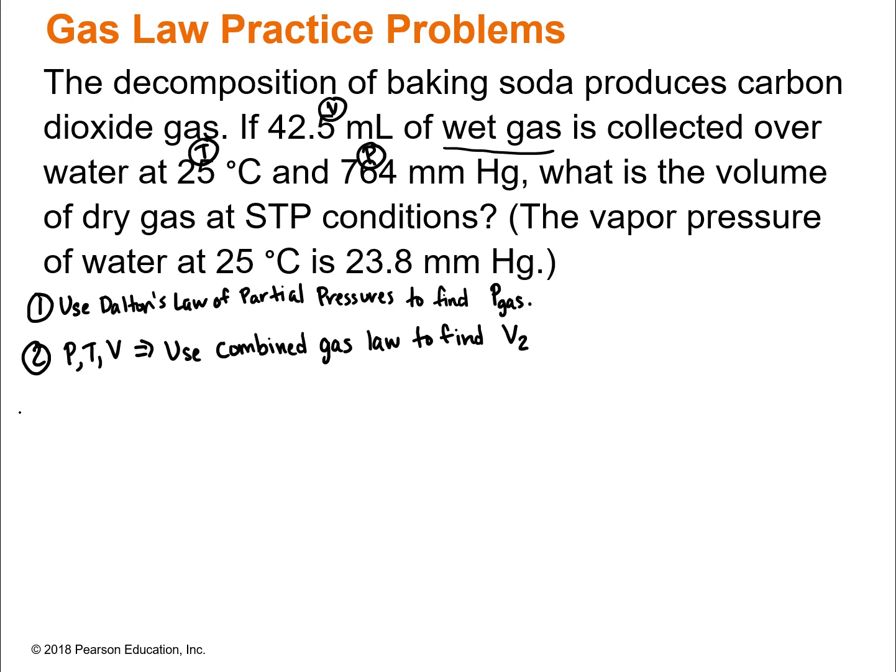So the first part is easy. We know our total pressure is equal to 764 millimeters of mercury. We subtract the pressure from the water vapor, which is 23.8 millimeters of mercury.